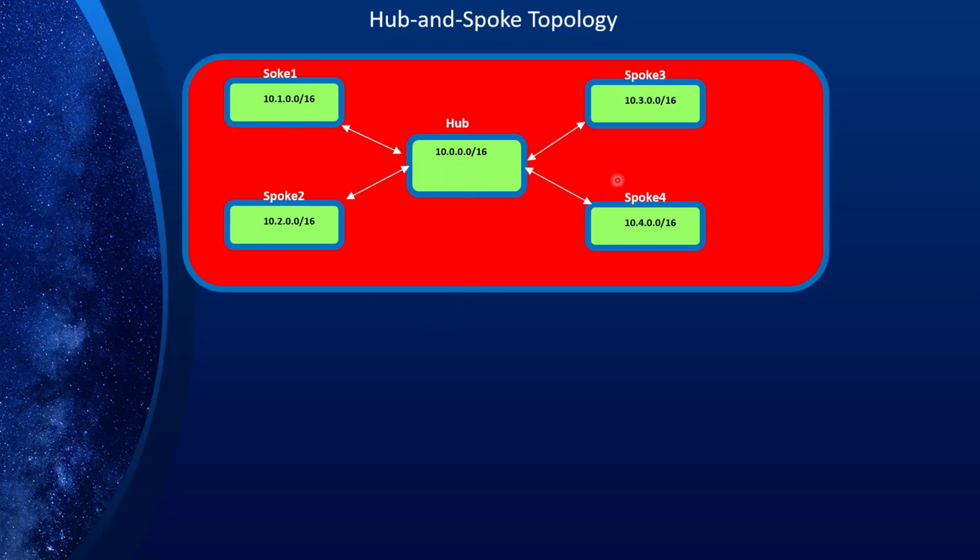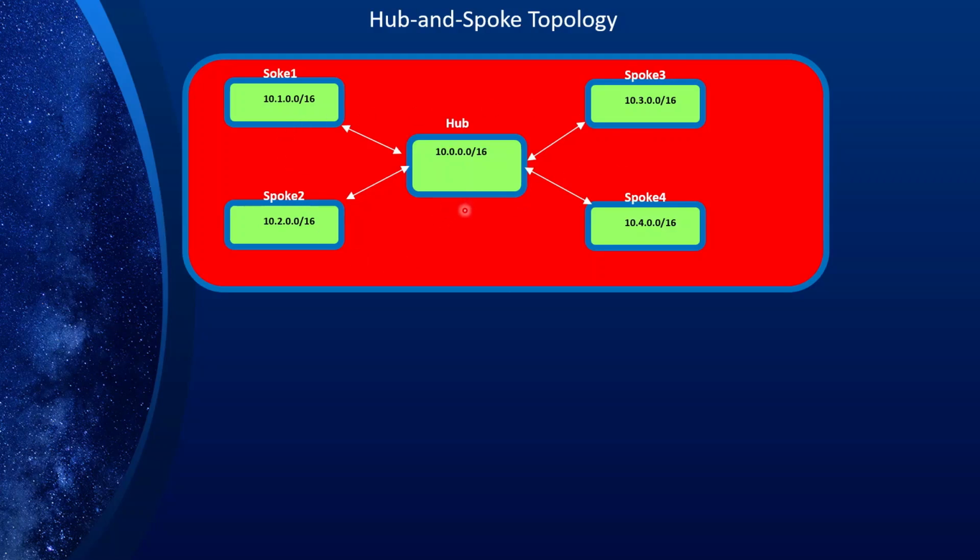For instance, if we have applications running in spokes that need to be accessed from outside our virtual network environment, then we can set up a firewall here and use the firewall and routing to route the traffic to the spokes.